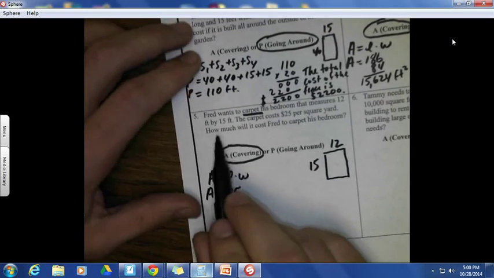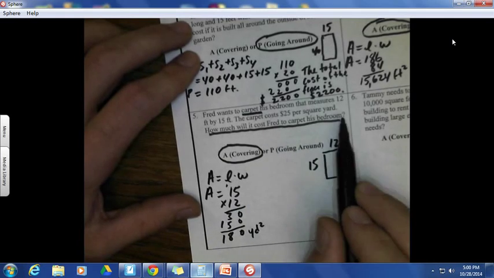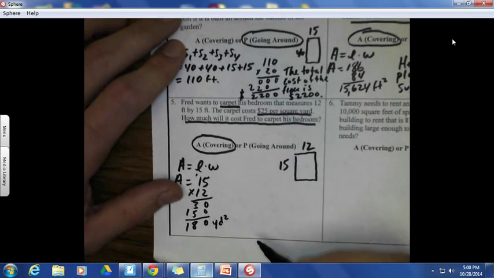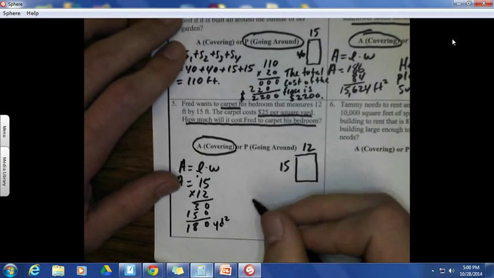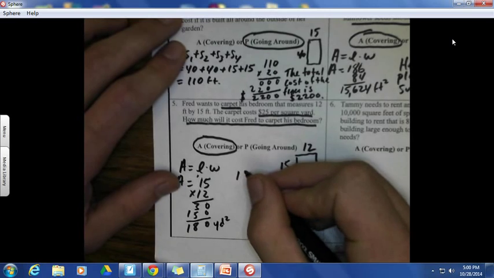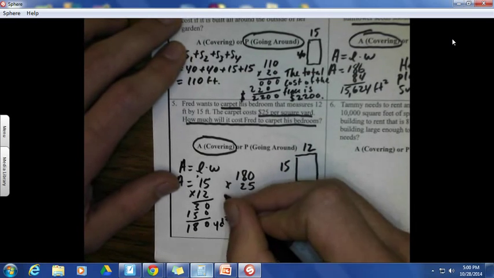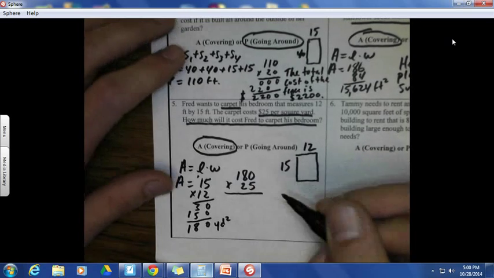Let's look at the question. How much will it cost Fred to carpet his bedroom? Carpet costs $25 per square yard. We know how many square yards there are in his bedroom, so we can figure that out pretty quickly. Alright, so we take 180 times the amount that the carpet costs per square yard.